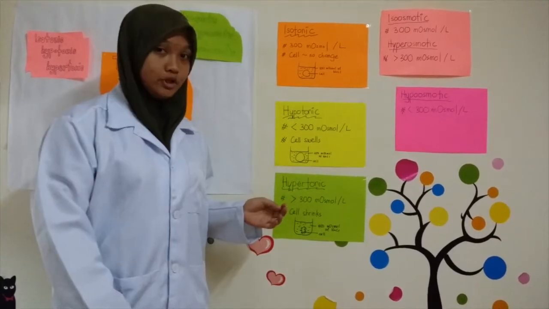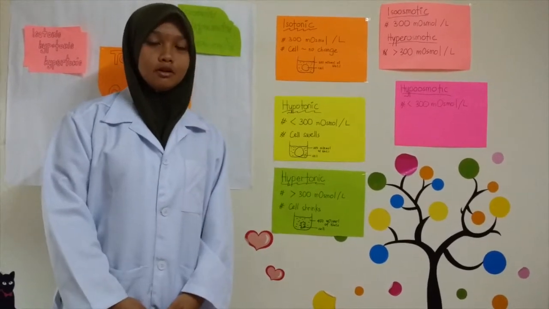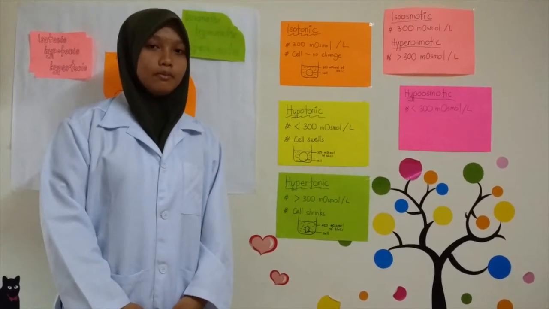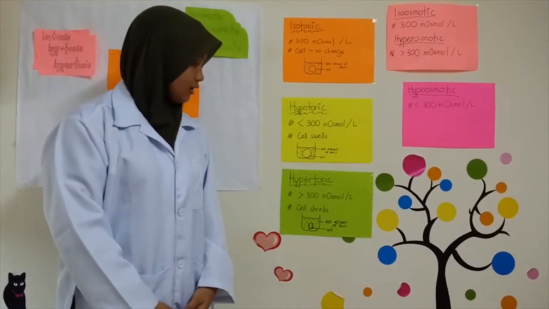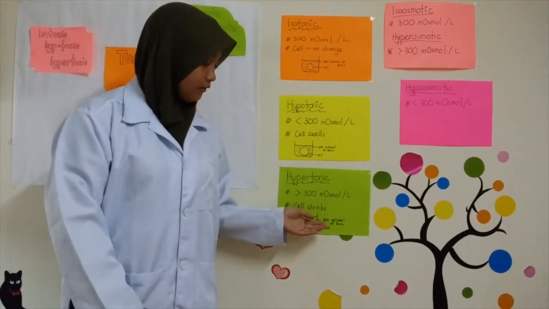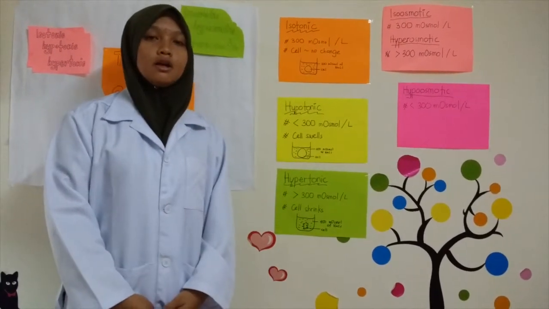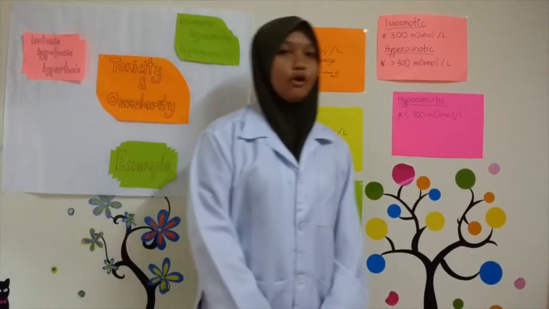Hypertonic is a solution containing greater than 300 milliosmoles per liter of non-penetrating solutes, regardless of the membrane-penetrating solutes that may be present. If a cell is put in a hypertonic solution, for example, 450 milliosmoles of sodium chloride, the cell will shrink.